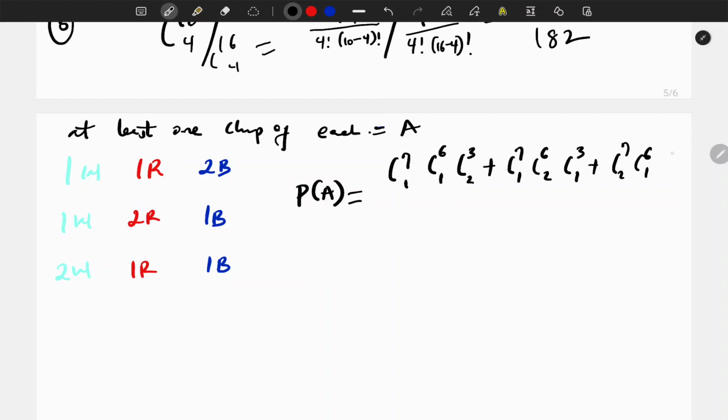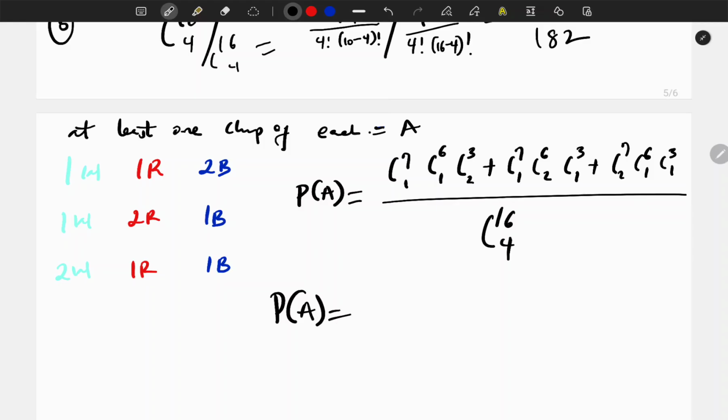We have 3 blues, pick 1. So everything over 16 pick 4. You can carefully check the solution of that and compare your result with this, 819 over 1820. So I think that completes that question. So the next question is question 11.